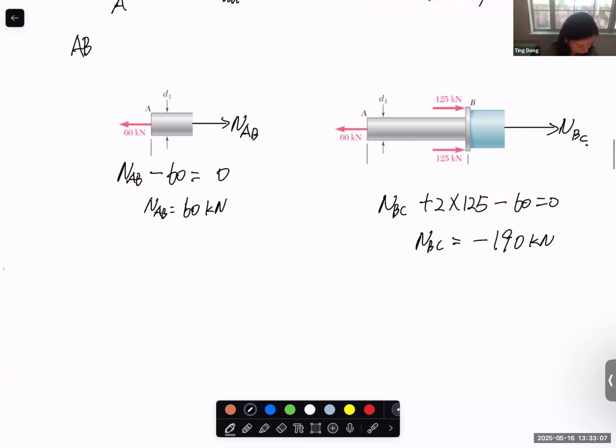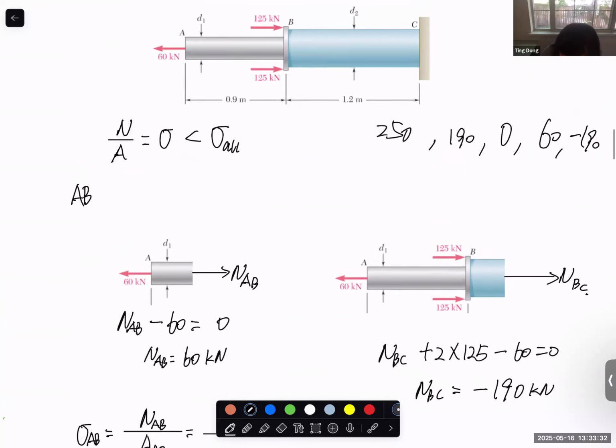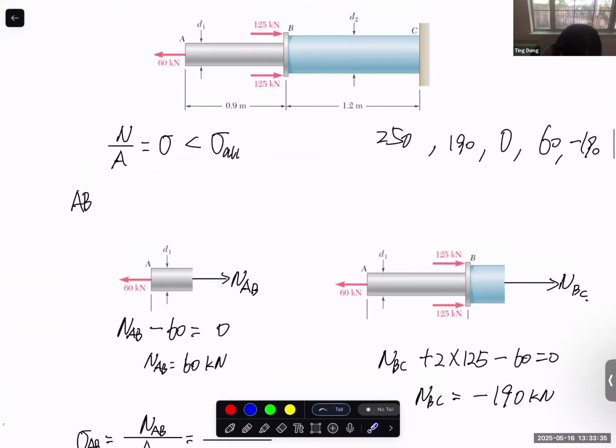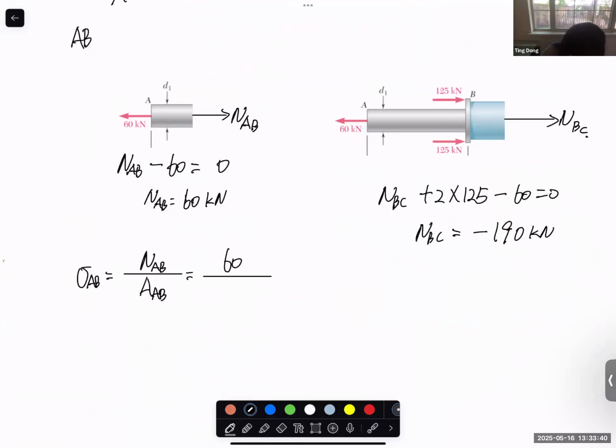Okay, now the rest is simple. We just calculate normal stress in each section, right? So for the normal stress in the AB section, let's not skip any steps. AAB, so it's equal to 60. Because the dimension is given in megapascal, let's use Newton and meter.